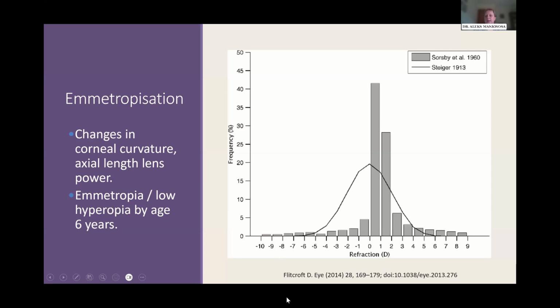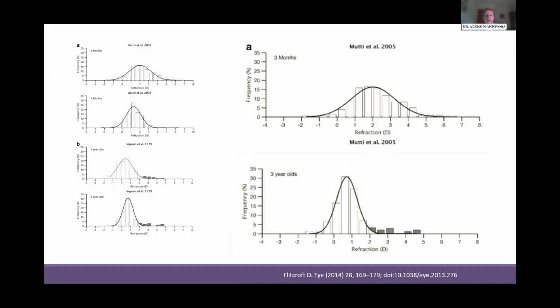The graph produced here from the Flitcroft paper written in 2014 is a combination of graphs from two renowned researchers who show us the expected distribution of refractive error once emmetropization has been completed.